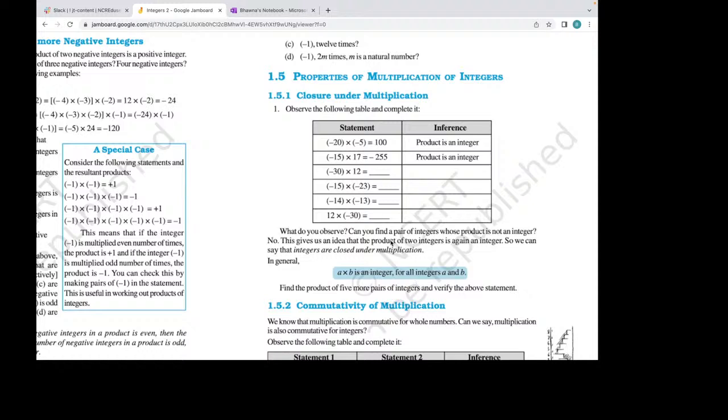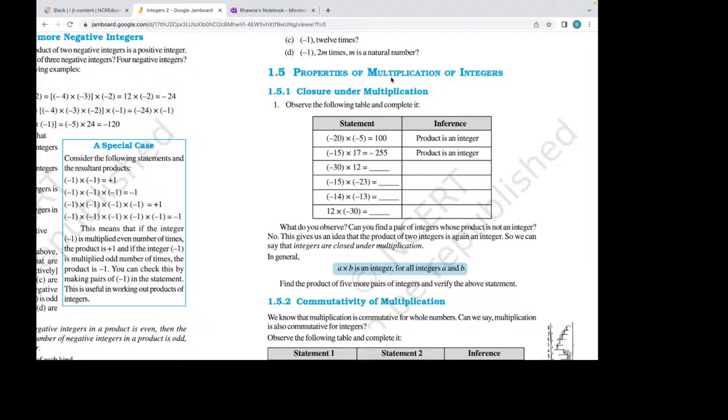You can try some more examples on your own to understand it better. So we have figured out that integers are closed under multiplication. If you multiply two integers, you will always get an integer.